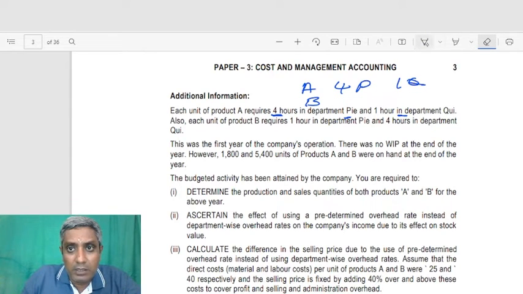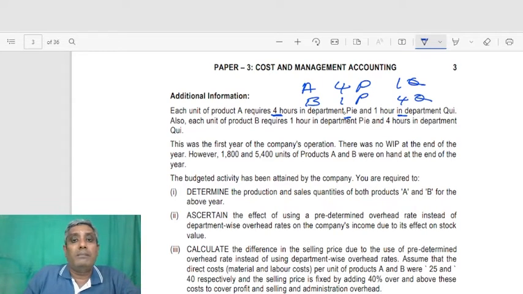Product B has 1P and 4Q. This is how it is for product A and product B. So 1 unit of product A requires 4 hours in department P and 1 hour in department Q. Product B requires 1 hour in department P and 4 hours in department Q. This is the first thing to be noted.